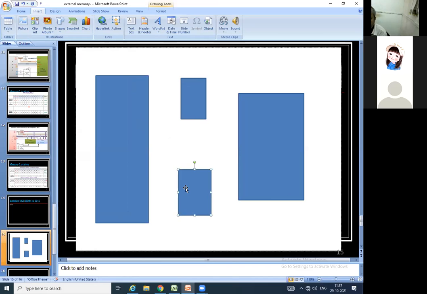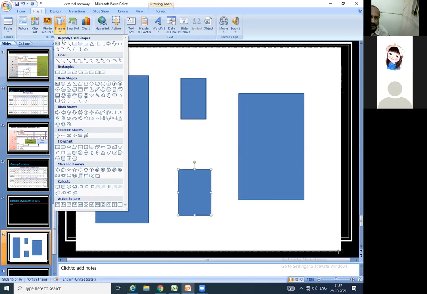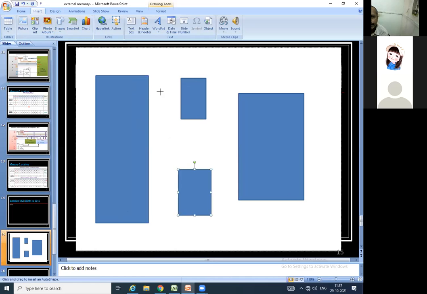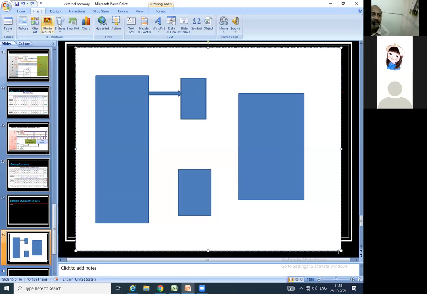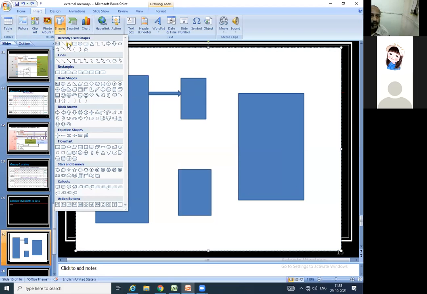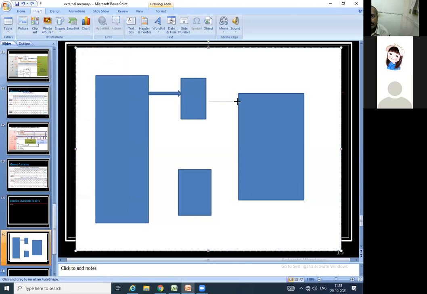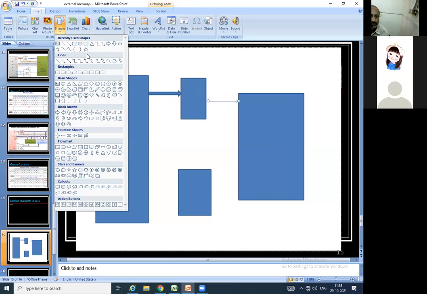Here is the 3:8 decoder. Now this is the diagram, we have drawn it quickly.